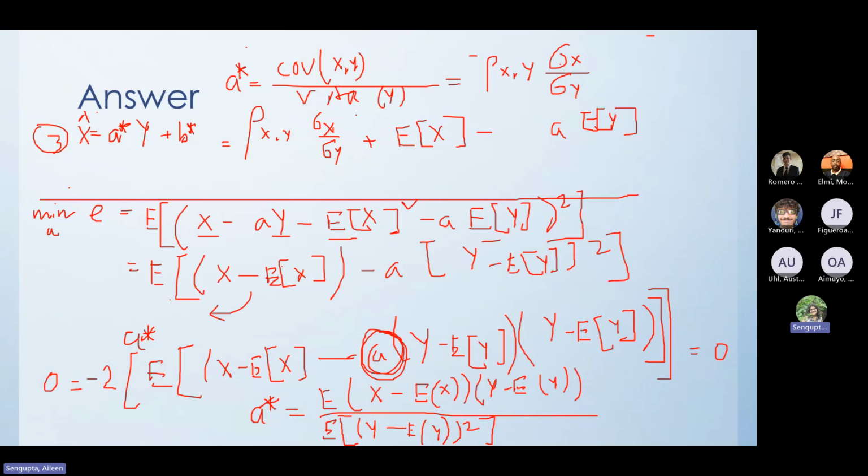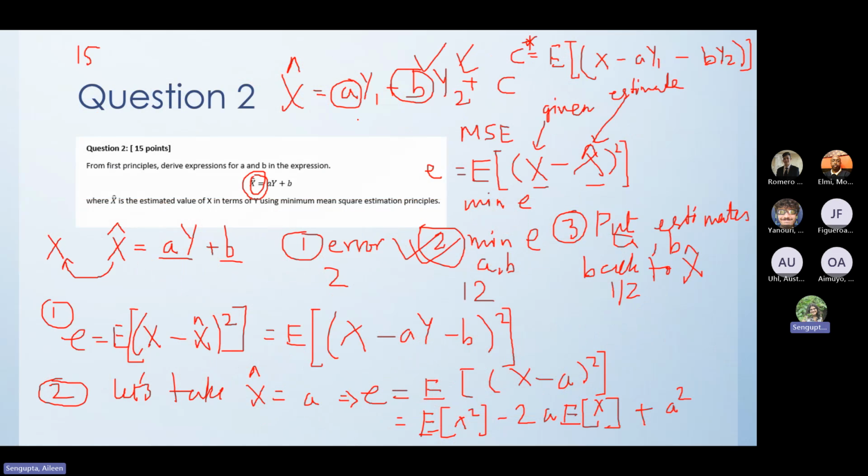So what we are trying to do here is find the optimal values of A and B, substitute them in the equation, and give the expression. But look at the question. It does not tell us anything about these steps. From first principles, derive the expressions of A and B. That's given.